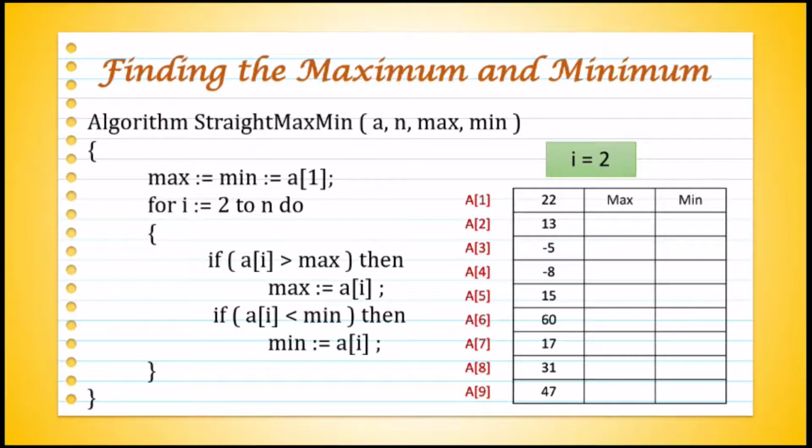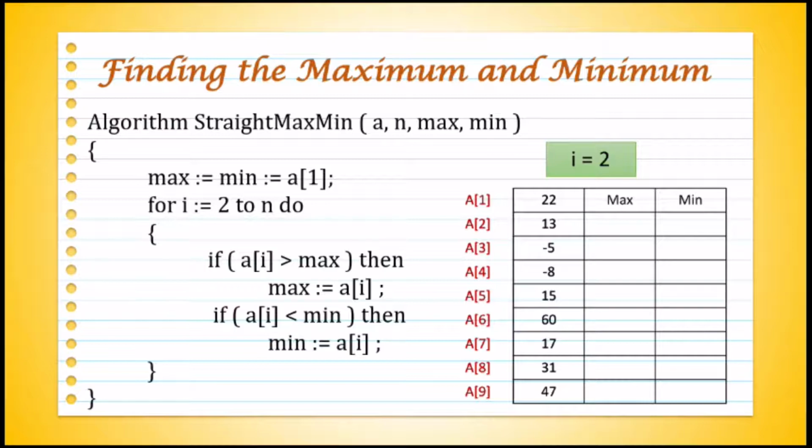So next we will check another if condition, that is if A of I is less than min. So what is there in A of I? That is A of 2, 13, and that will be compared with the minimum value. So is 13 less than 22? Yes, the condition is true.